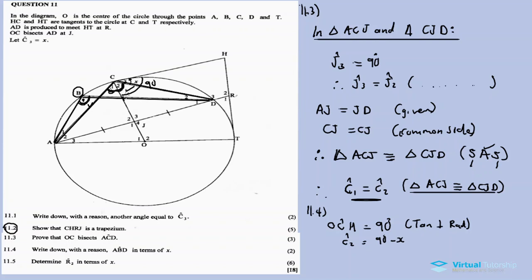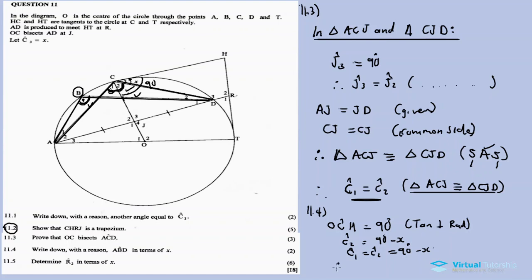So from 90 degrees I subtract x and get C2. Since C1 equals C2, they are both equal to 90 degrees minus x.